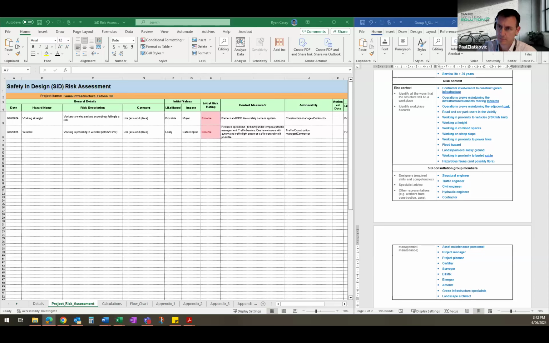So someone maintaining the adjacent park, those park users as well, because I guess the access to the worksite would be through that car park area. So considering the exposure of others to the work that's being undertaken is also important. So yeah, nice one. Cool, thank you. Yeah, so that's all our 5 groups there.